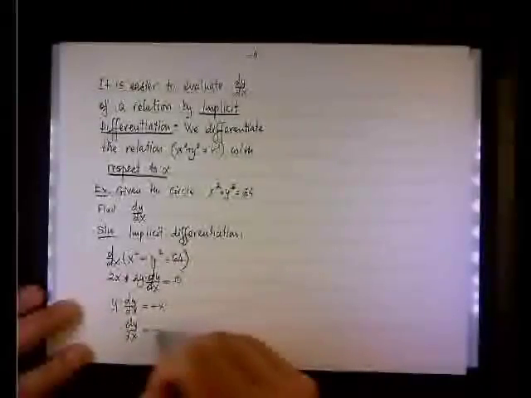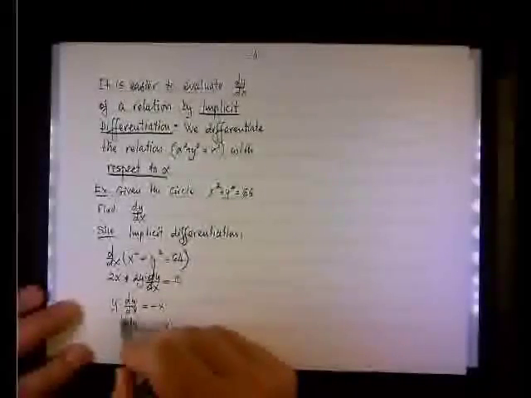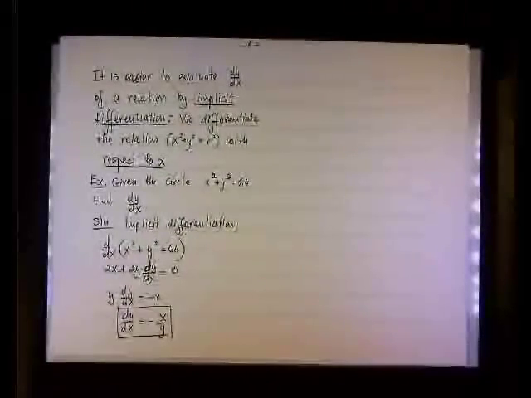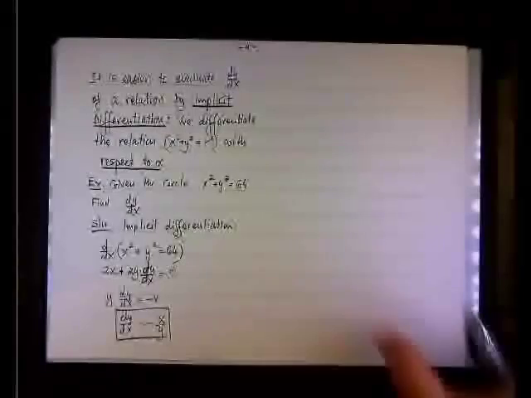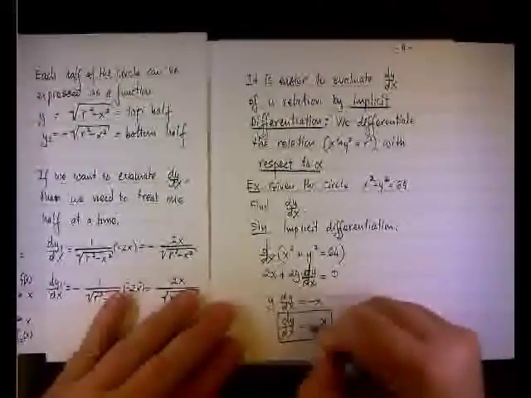And dy dx is simply negative x over y. And we are done. Isn't it a beauty? That's it. We are done. How does this compare to the earlier result? This is the same thing as the earlier result. Think about it.